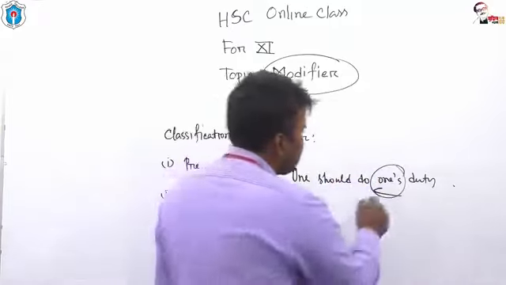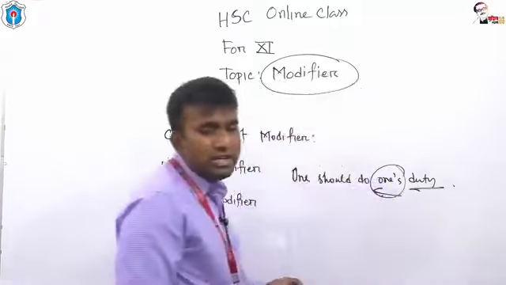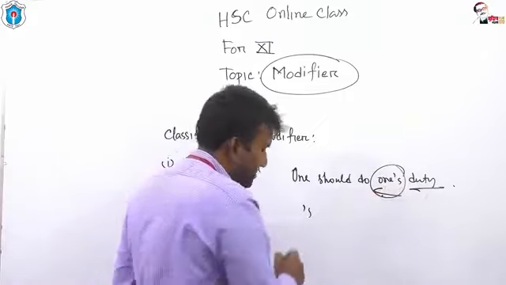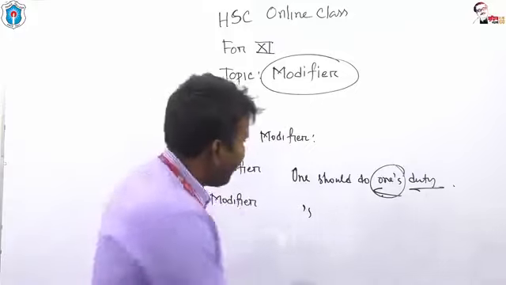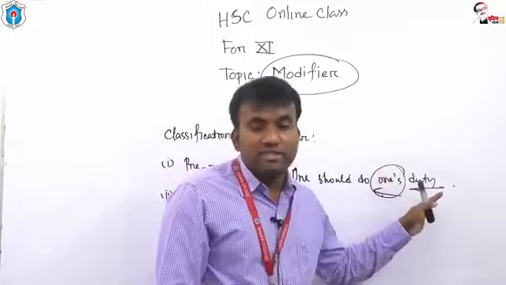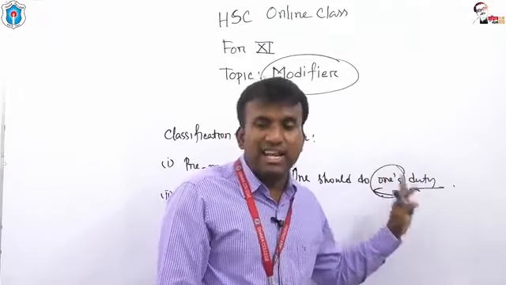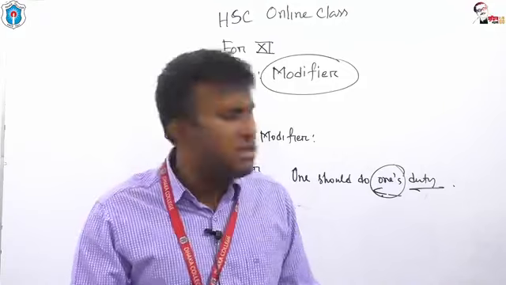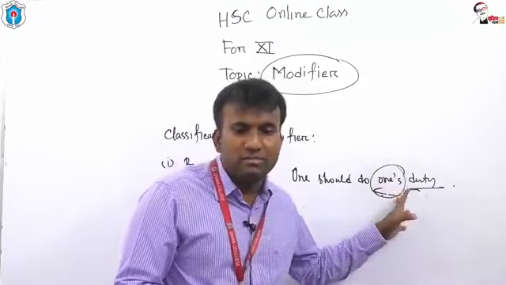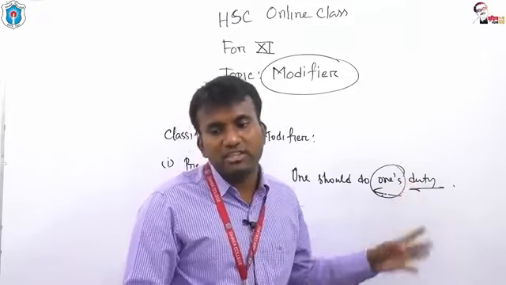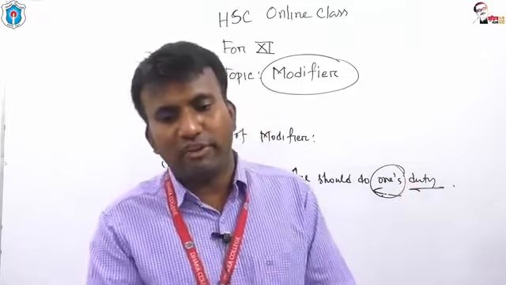The word one's modifies the word duty. Duty is a noun. Here I have used apostrophe s. One's is an adjective because it modifies duty. This adjective is called possessive. Here possessive is used as pre-modifier.